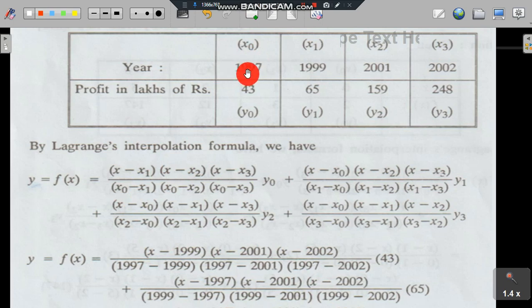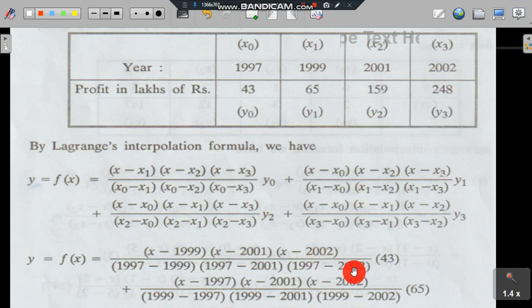Divide by x0 minus x1: x0 is 1997 minus 1999. Second, x0 minus x2: 1997 minus 2001. Then x0 minus x3: x0 is 1997 and x3 is 2002.